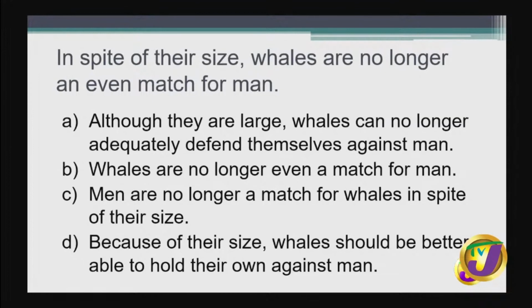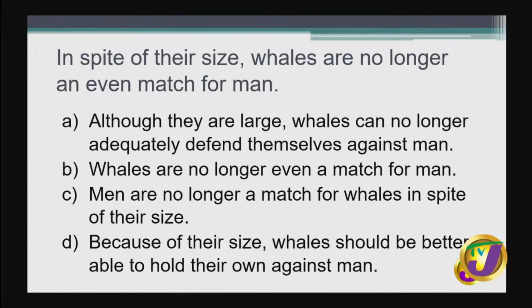In spite of their size, whales are no longer an even match for man. So our first sentence says, although they are large, whales can no longer adequately defend themselves against man.